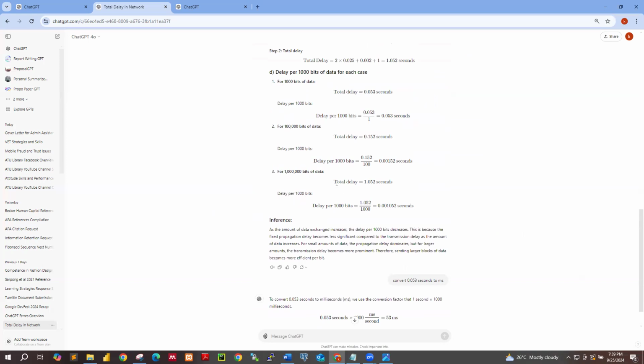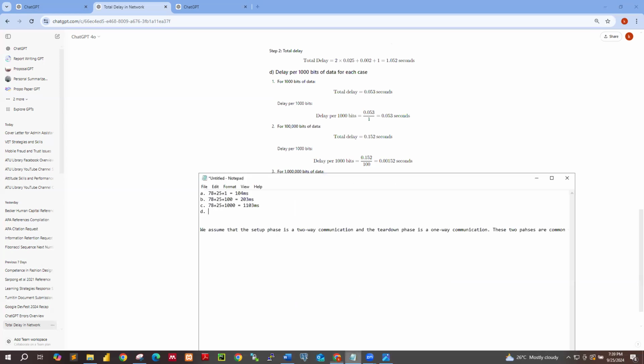Exactly. So how then do you prompt logical or mathematical questions for generative AI to give you the correct answers? Sometimes we have what we call preset information, preambles, or assumptions.